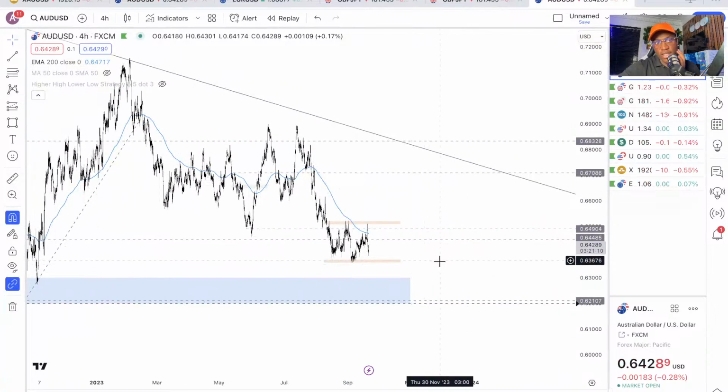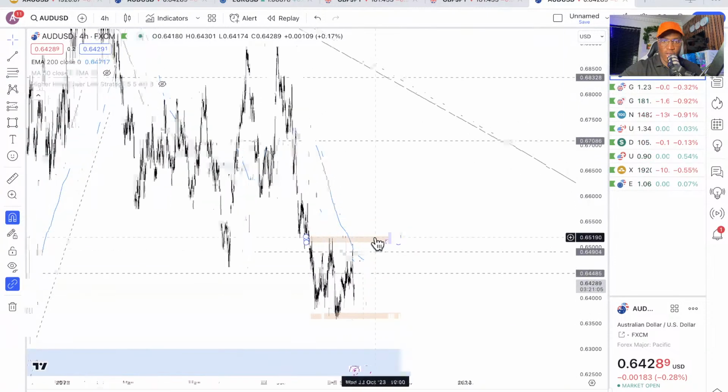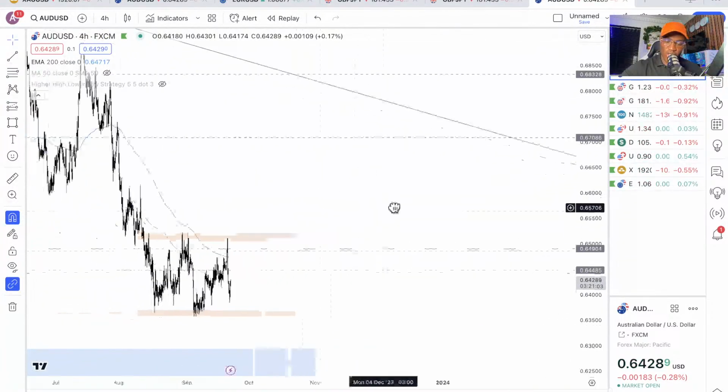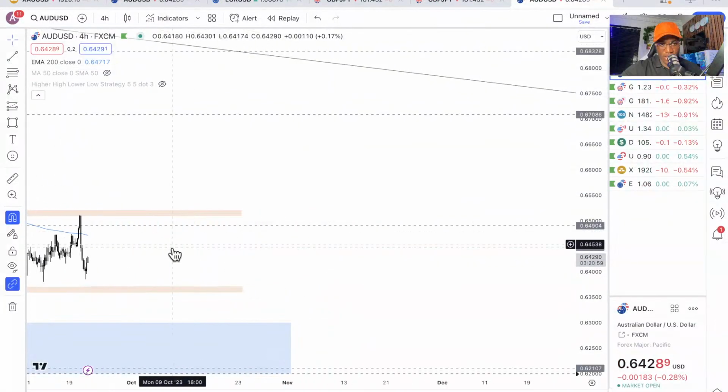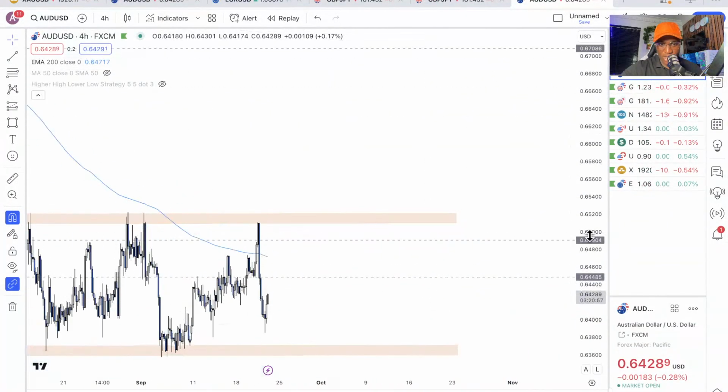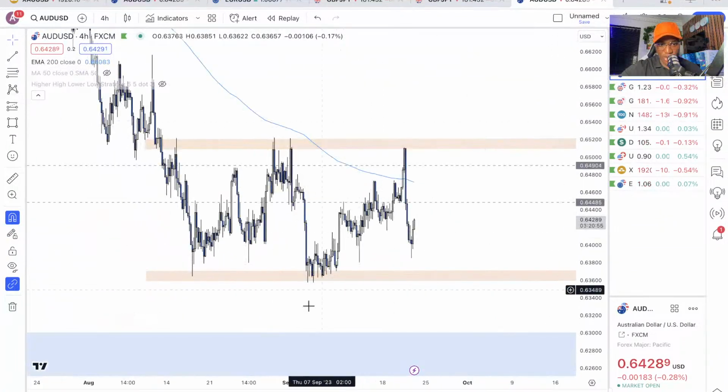So we're going to just pay attention to Aussie dollar because we're trading a range. If you trade consolidations or ranging markets, then obviously what you'd want to do is pay attention to how the market reacts to the support and resistance levels like you have here.